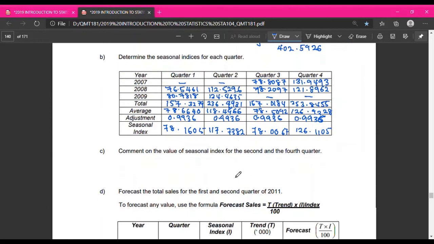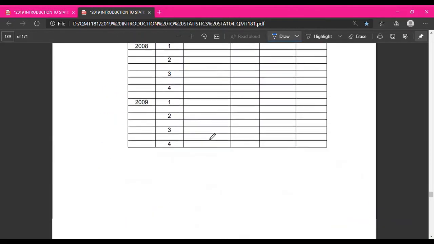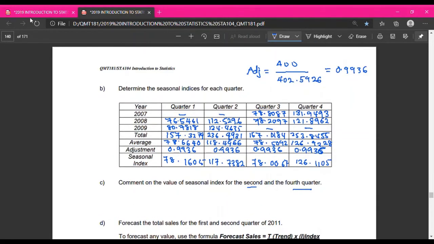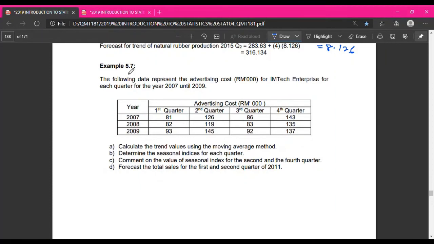So soalan C, dia nak you comment the value of the seasonal index for the second and fourth quarter. So actually you can interpret all the 4 quarter, tapi soalan ni dia nak you interpret untuk second dan juga 4 quarter only. So what you can say for the seasonal index for the second quarter, okay, kita punya variable tadi pasal apa? Data kita ni adalah berkenaan dengan advertising cost, kan?